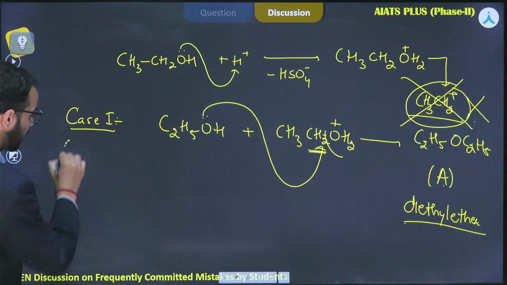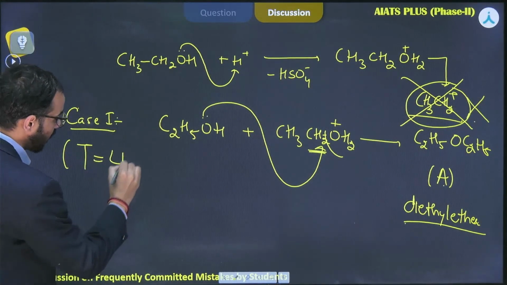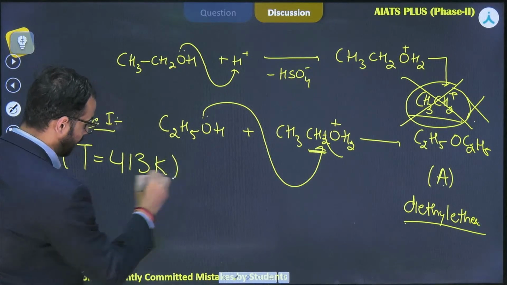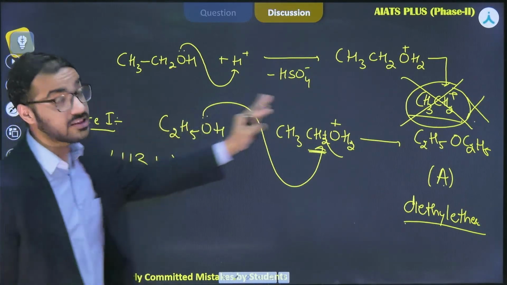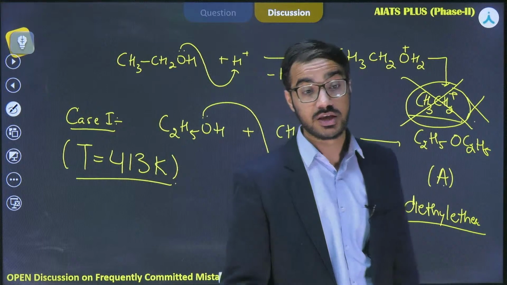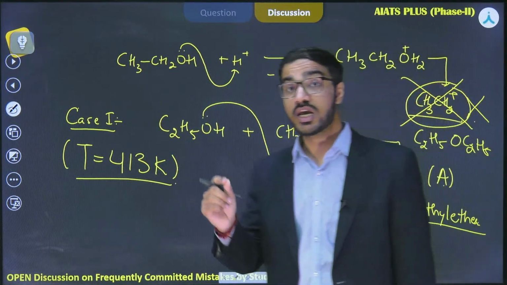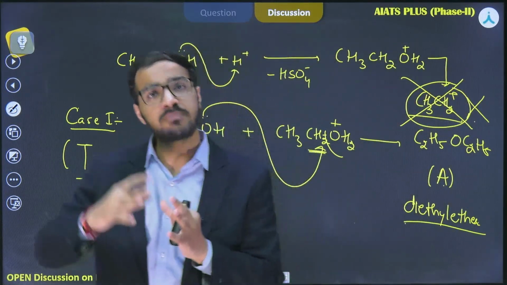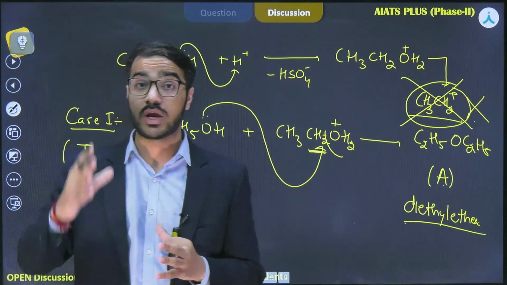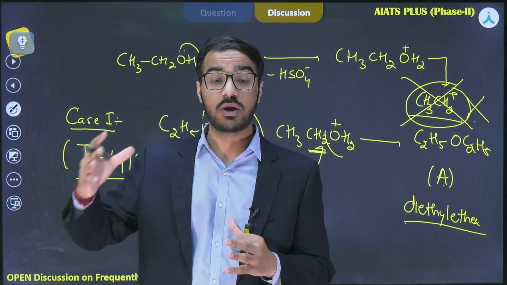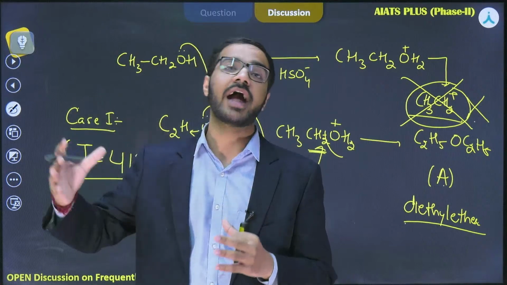If the temperature is 413 Kelvin, now the ether will be the major product, because the elimination reactions are thermodynamically controlled, and to carry out those reactions you will need very high temperatures.